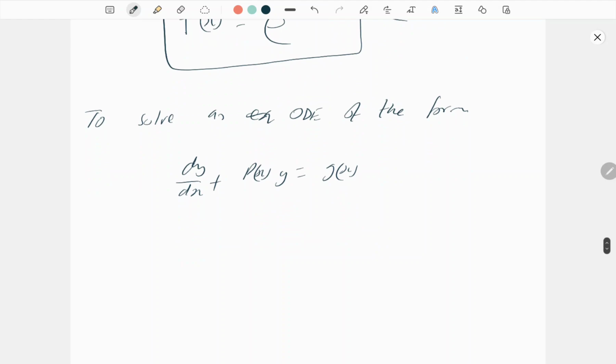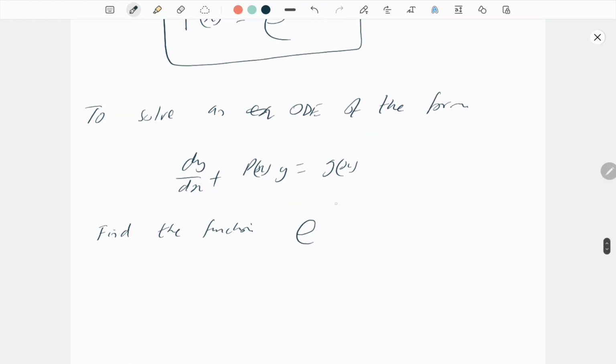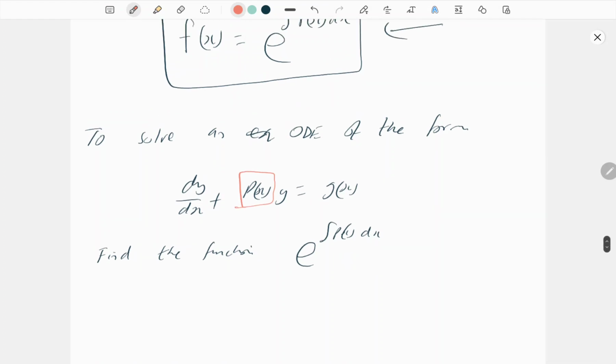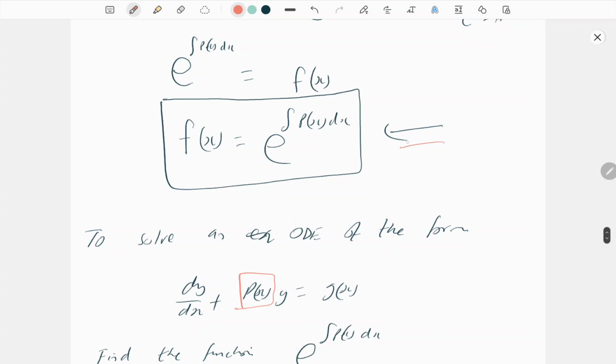So something of this form where you've got dy by dx first plus some function times y. Find the function which is e to the integral of p x dx. So in basic terms, the function that is next to your y, you need to do e to the power of the integral of that to find the function which you're going to multiply by. This is known as the integrating factor.